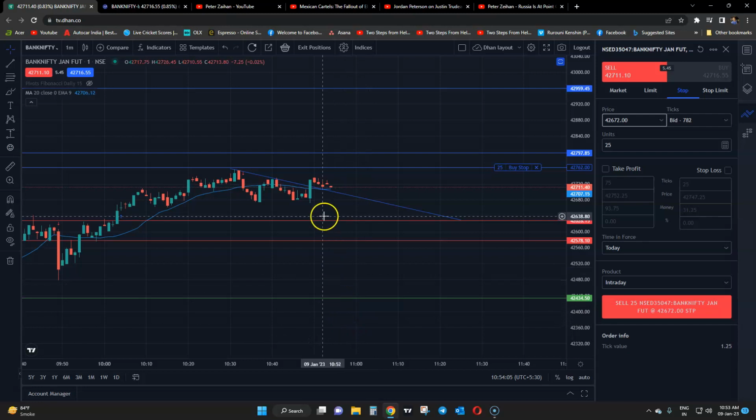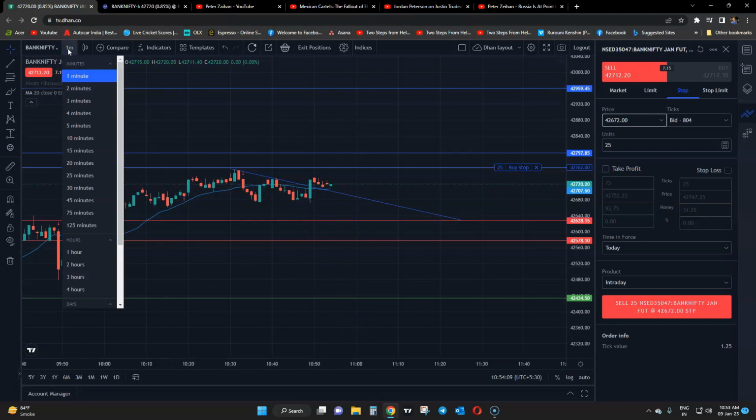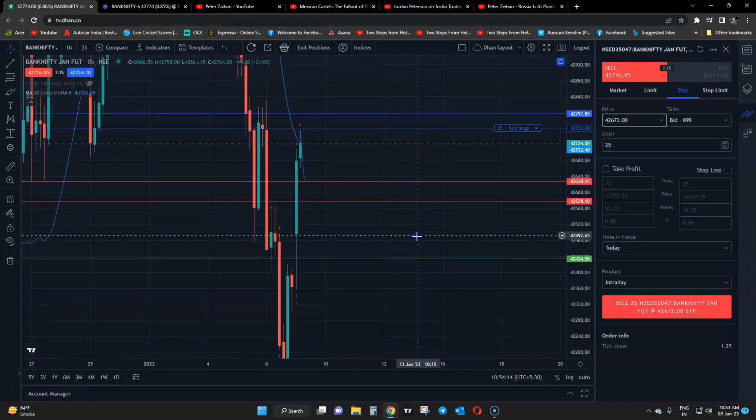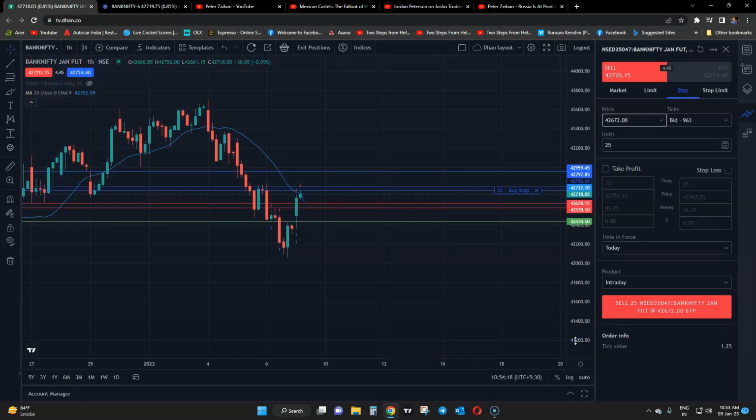Yeah, that would be a good double top formation on the 1 hour charts. I think that would be good price action down. Or it could even shoot up.